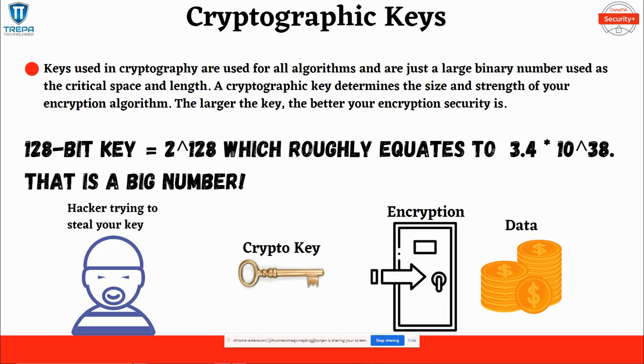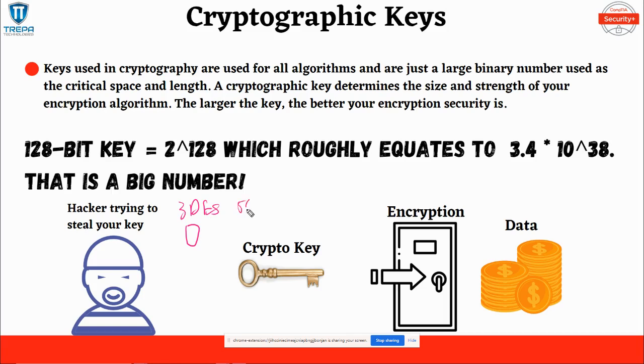For example, if we want to use the triple DES encryption algorithm, we will need a key to execute the triple DES algorithm. So if we want to use triple DES to encrypt our data, we need a key size. There are many different sizes we can use.